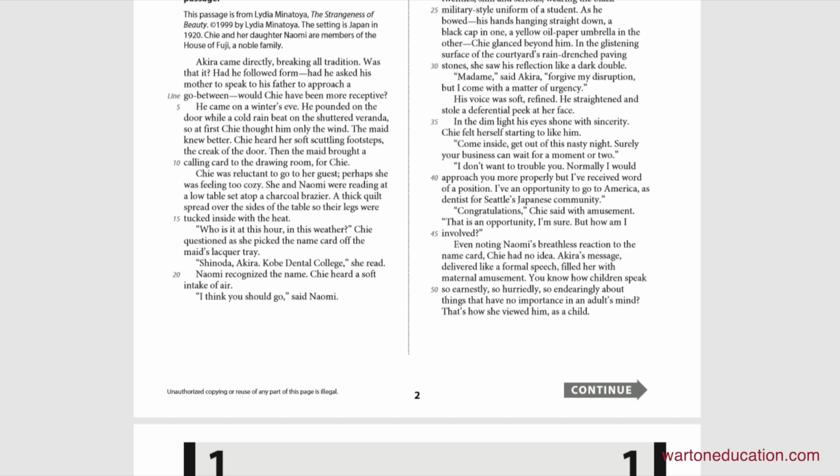I think we need to have a bit more context to figure out who is thinking this. So if you look back, it is clearly Chie who's thinking this. We cannot figure out what Akira fears based on what Chie thinks, so this won't help us, so that's gone.